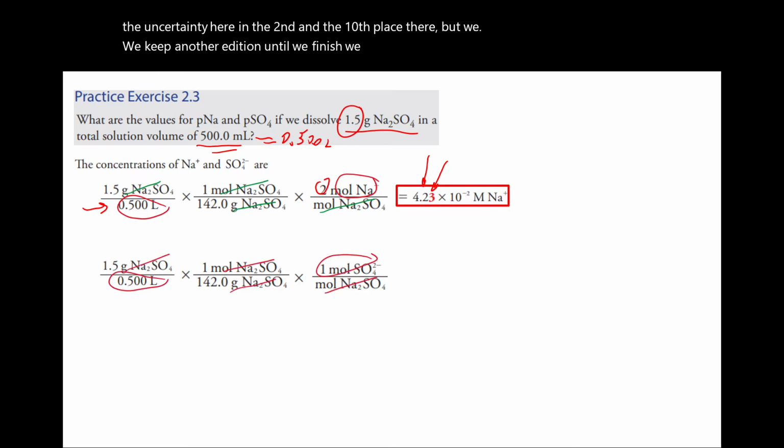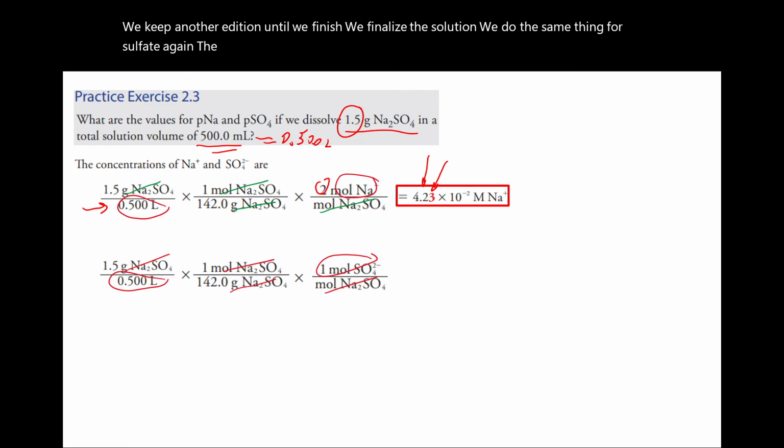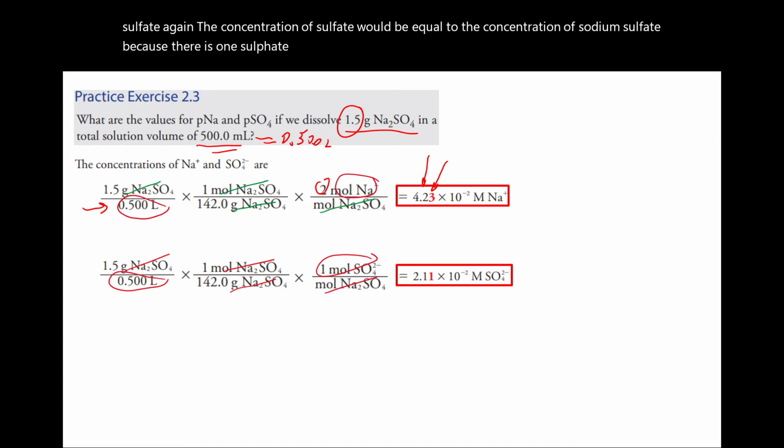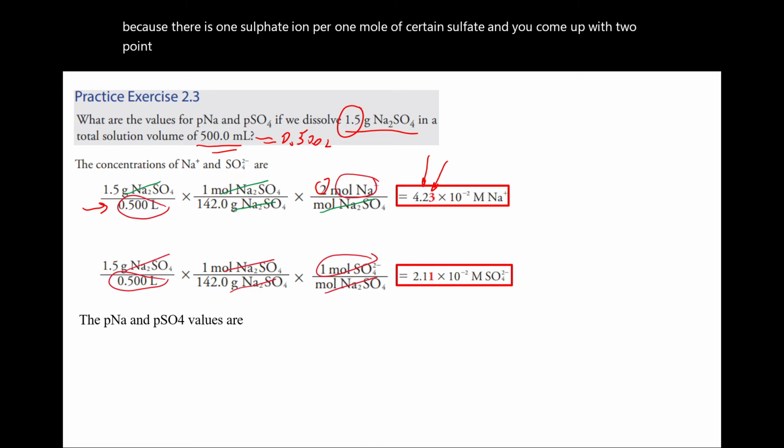We do the same thing for sulfate. The concentration of sulfate would be equal to the concentration of sodium sulfate, because there is 1 sulfate ion per 1 mole of sodium sulfate, and you come up with 2.11 times 10 to the negative 2 molar.